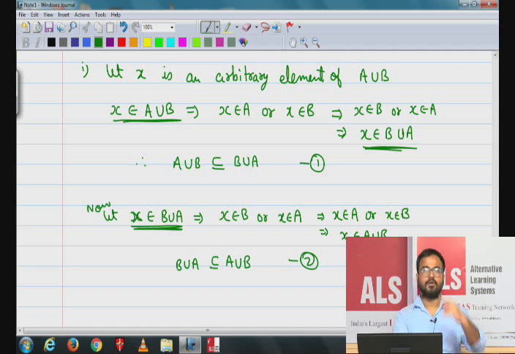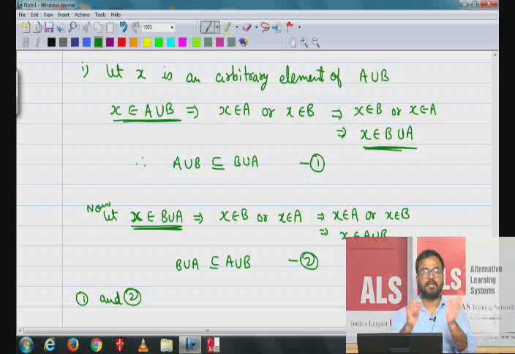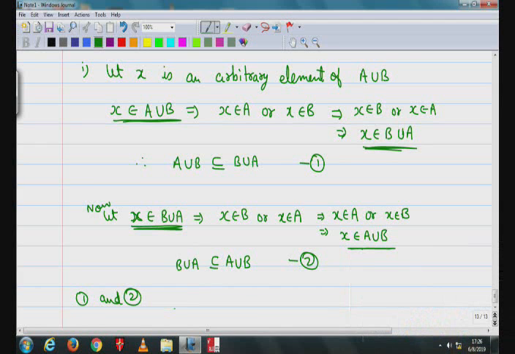Now from both of them, first and second, we can say A union B is equal to B union A. This is the way in which we can prove both of them are equal. Getting it? You can swap X belongs to A or X belongs to B.